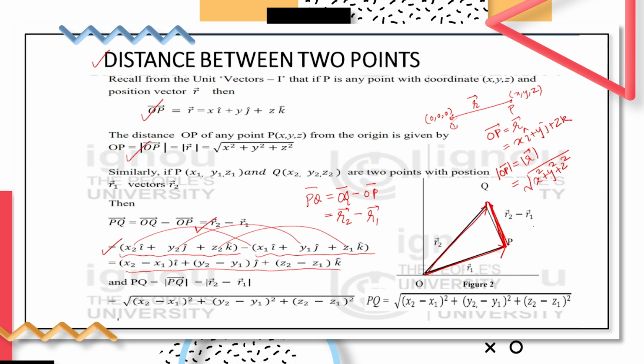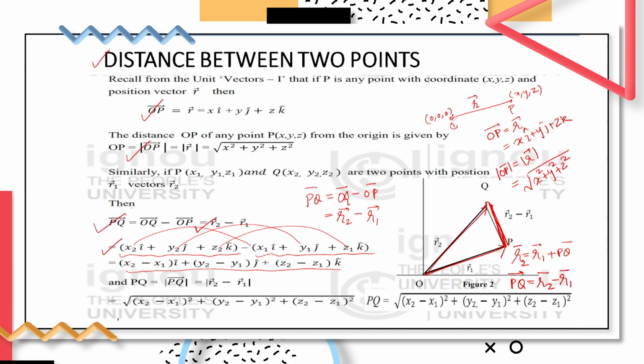Applying the triangle law of addition of vector, you can always say that R2 is equal to R1 plus PQ vector. So R2 vector is equal to R1 vector plus PQ vector. So PQ vector, by rearranging, you can say is R2 vector minus R1 vector.